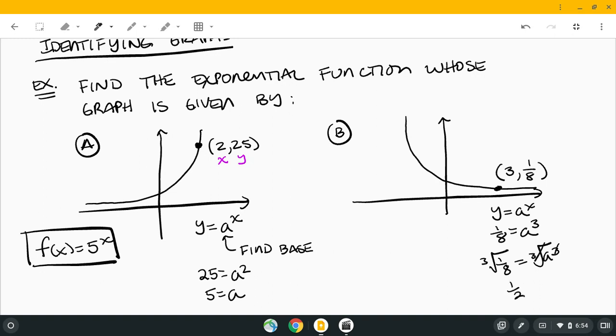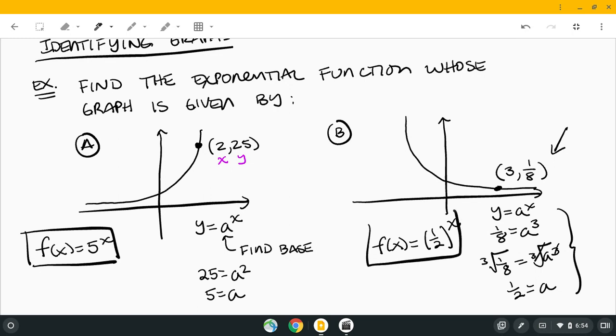Then hopefully there you can see that a is 1/2. I'm kind of hoping you'll be able to see it right off the bat when you look right here. But if you can't, that's not a problem. Then go through the process of solving like we did here. Okay. So here is your function.